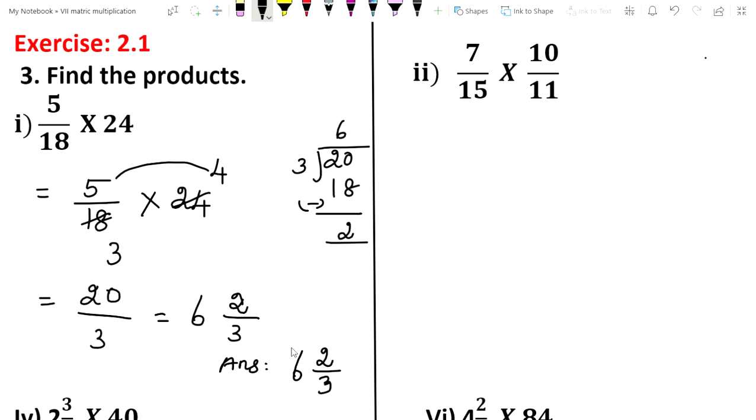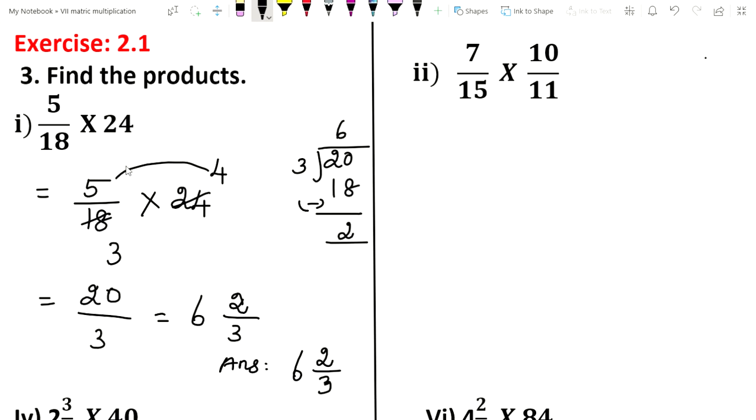Do you understand children? I repeat this. 5 by 18 into 24. First you check that any common factors are there or not. Okay. See here. Here 18, 24, there is a common factor. 6 is there. So we are dividing by 6. After dividing by 6, we are getting 4 here, 3.